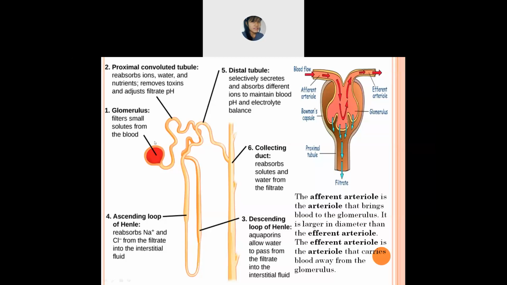The leftover components that were not filtered, like red blood cells and molecules like proteins, will move towards this PCT. In this PCT you will also get urea, uric acid, creatinine and so on.